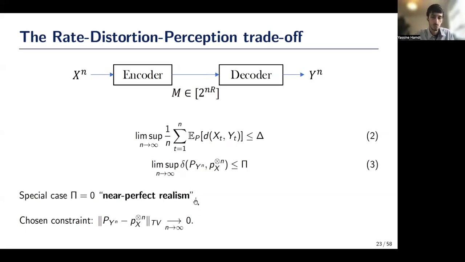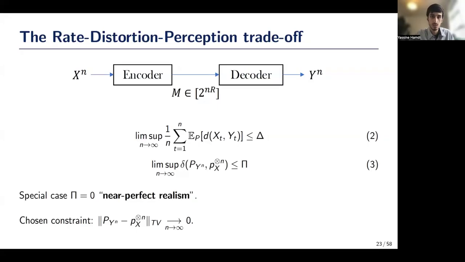I just want to say that very often we use capital pi equal to 0, so we require that the distribution of yn be very close to the distribution of xn. Okay, so this was the new problem that has been considered.